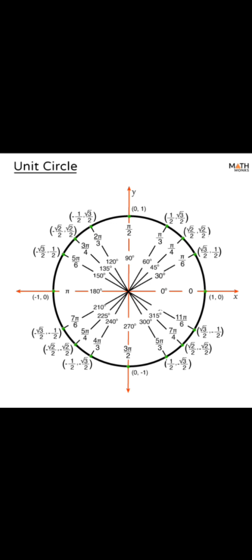And 11 pi over 6 is 11 times 30, so that is 330. And so that's how you can quickly populate the angle measure in degrees on the unit circle.